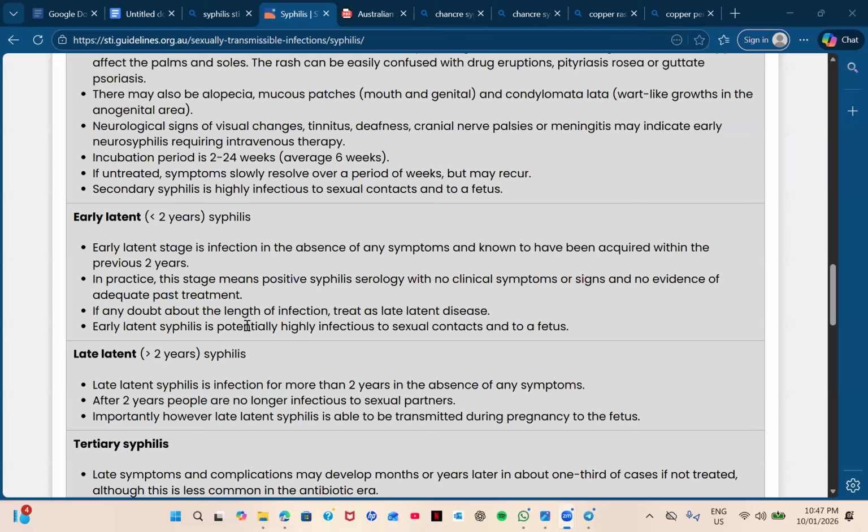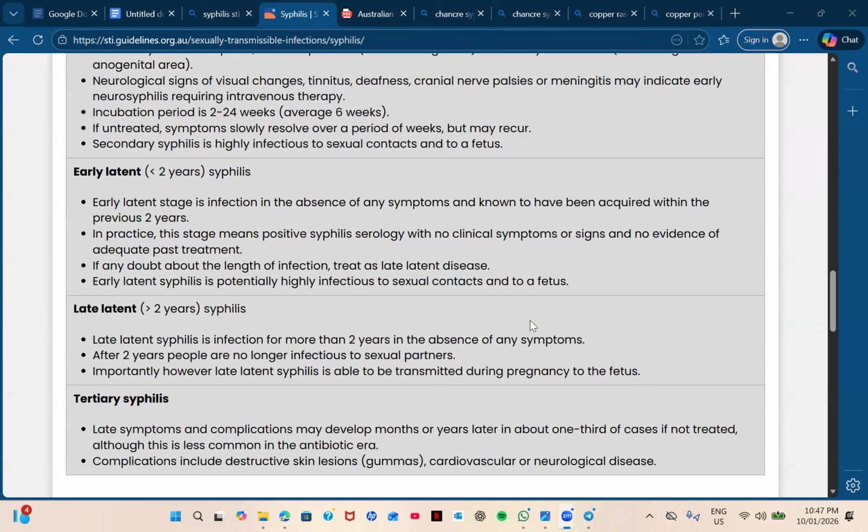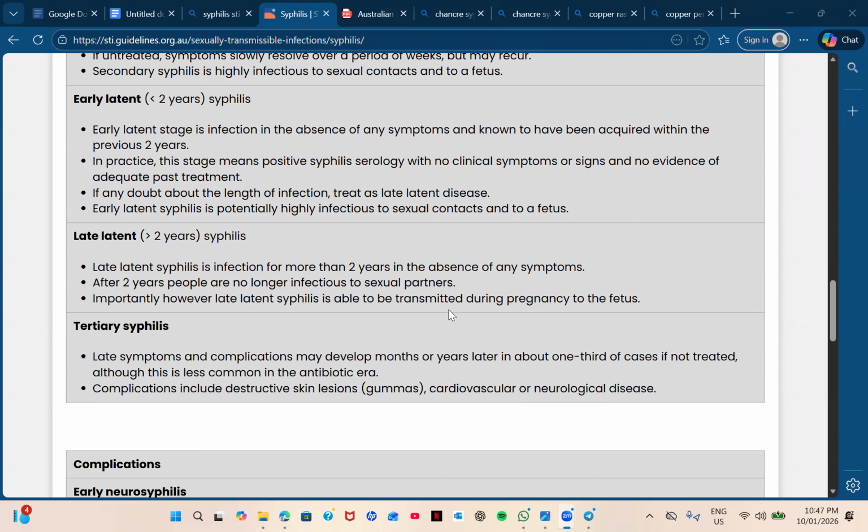Early latent syphilis is potentially highly infectious to sexual partners and the fetus. Early latent means less than 2 years, and the main thing to remember is the patient is asymptomatic, but the serology is positive, and the patient is highly infectious.